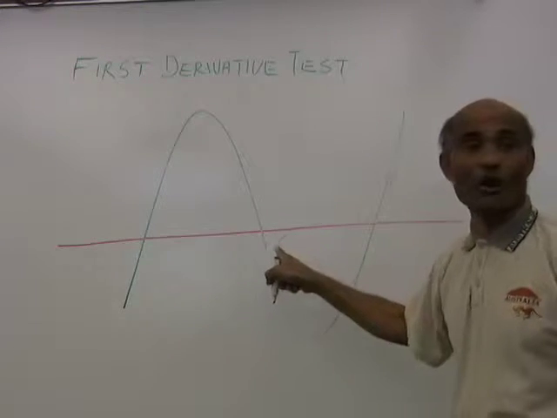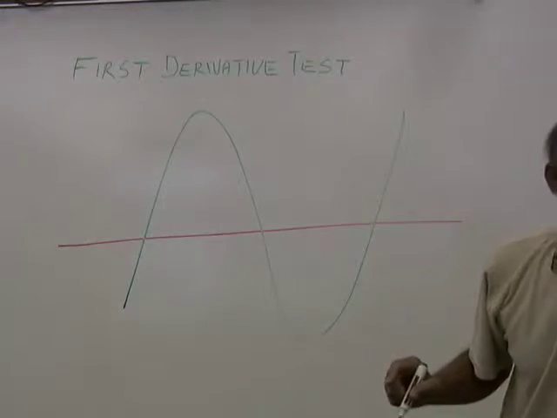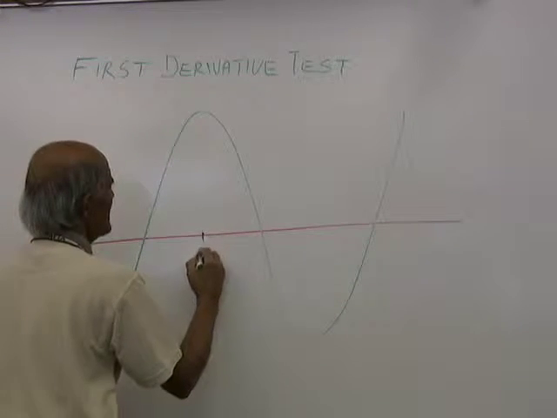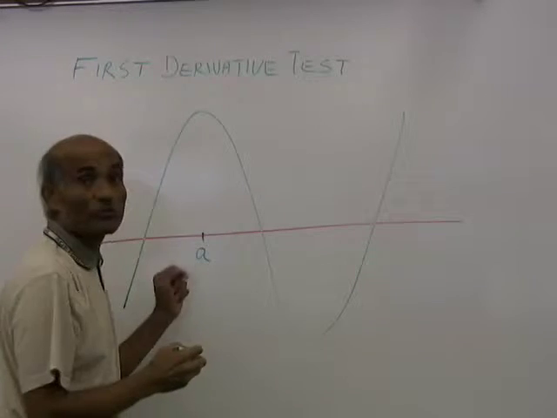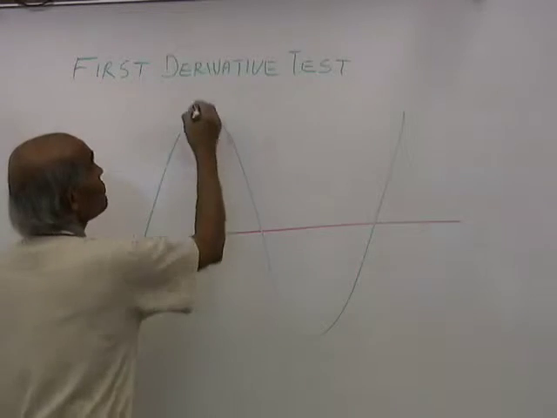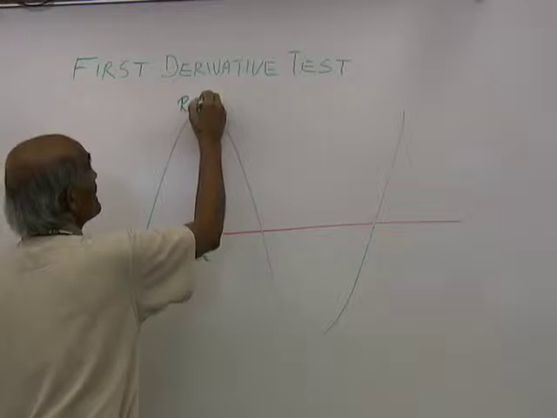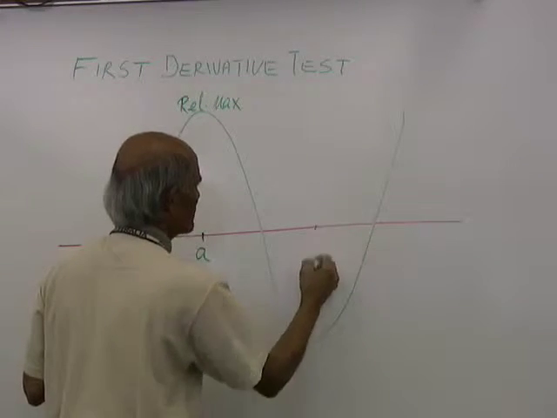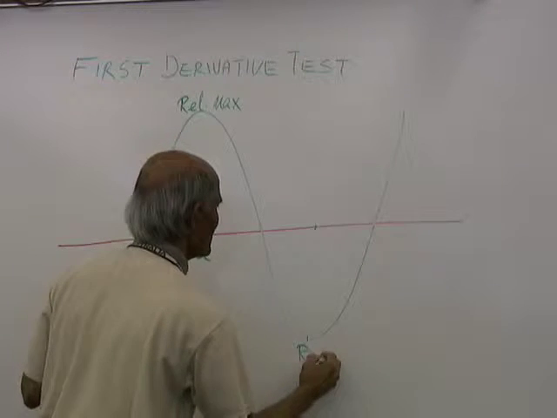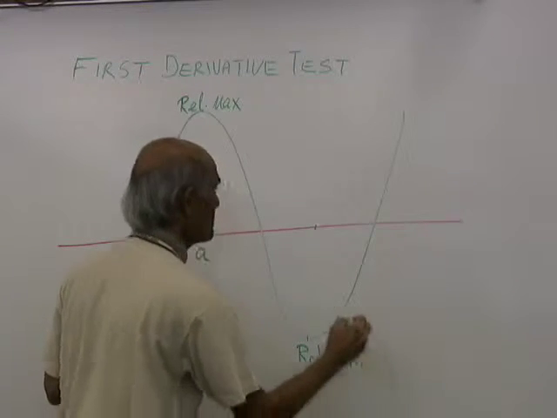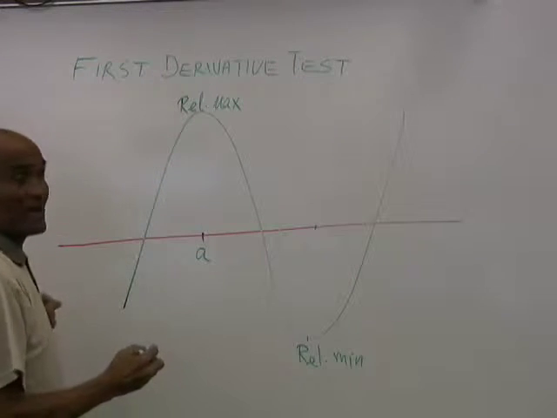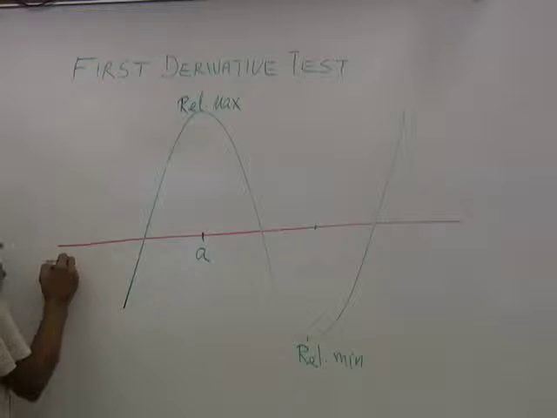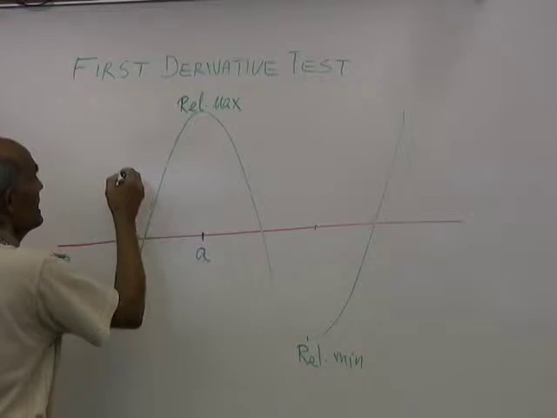Look at the graph of this function. Now, suppose this is a. At x equal to a you have a relative maximum, is that right? At x equal to b you have a relative minimum. And so tell me, what is the behavior of the function from negative infinity to a?